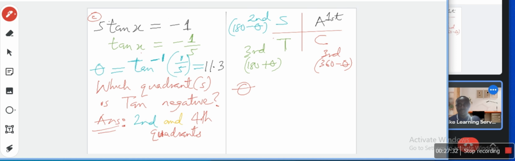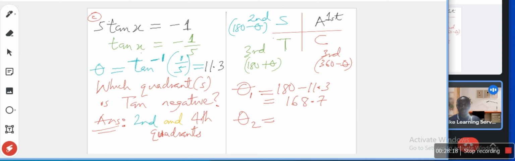So theta 1: how do we get theta in the second quadrant? 180 minus 11.3, and that gives you 168.7.